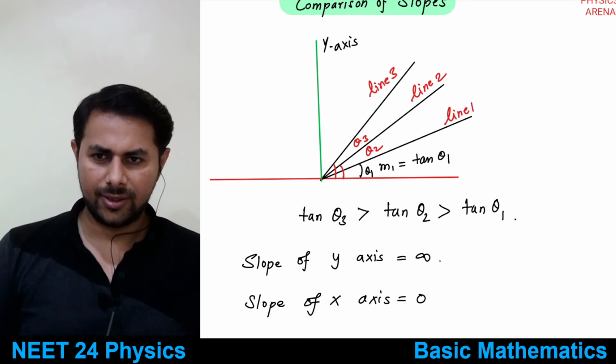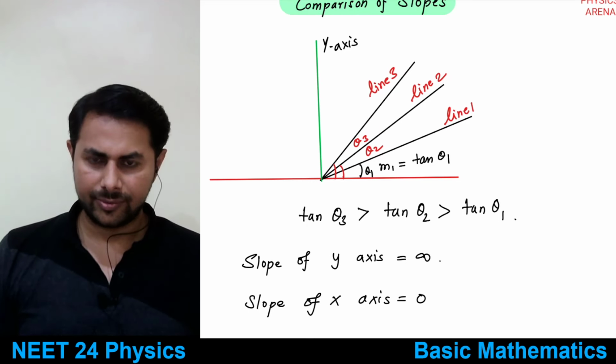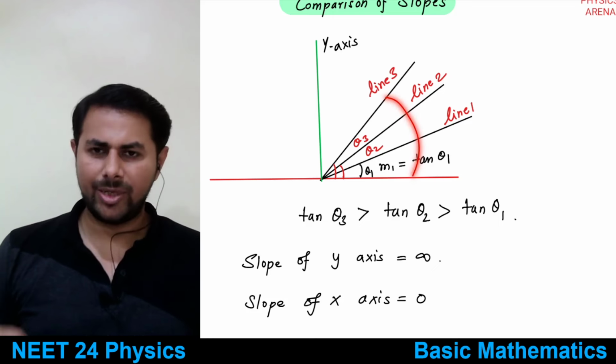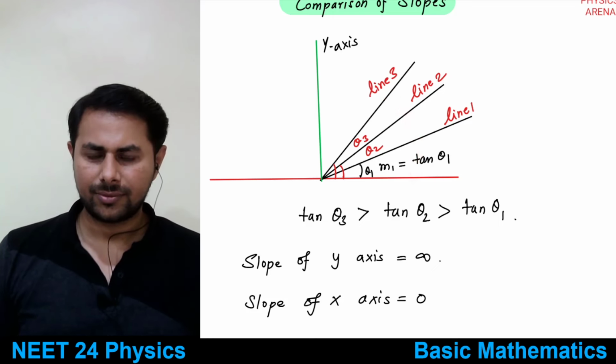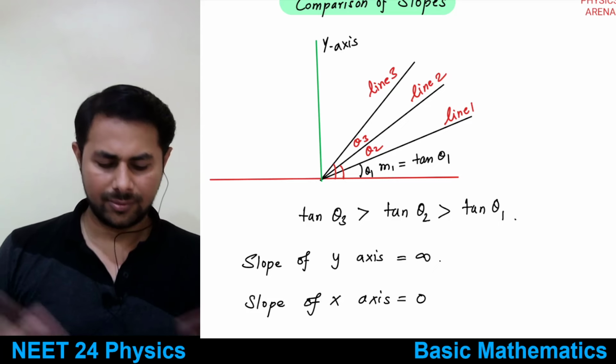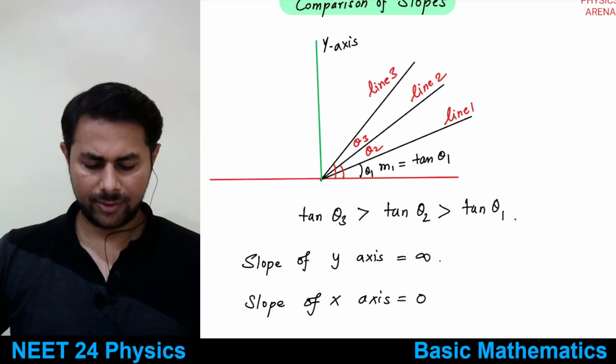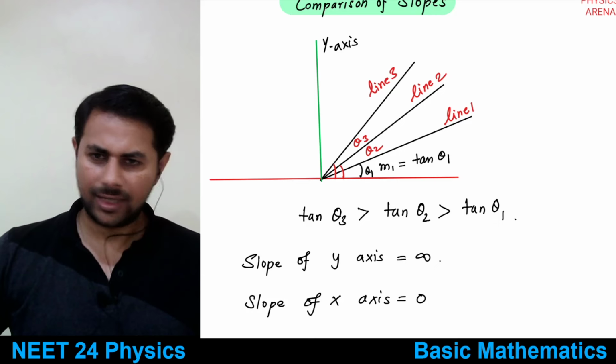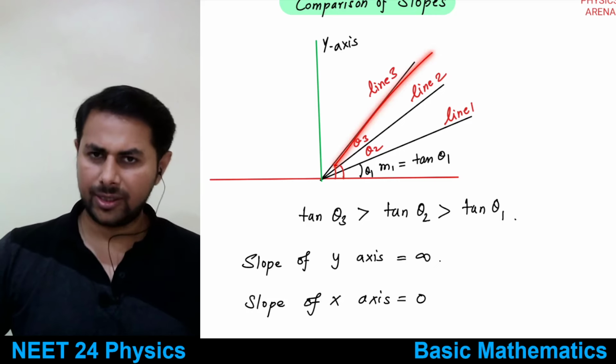Correct. Right? So the slope of which line would be greater? The slope of the third one is greater. Exactly. The slope of the third line would be greater.